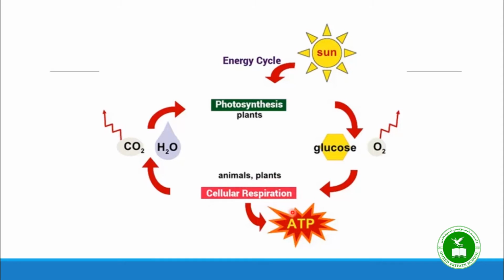ATP is the universal unit of energy for living organisms. ATP is produced, carbon dioxide is released to the air, and H2O molecules are produced. This H2O and carbon dioxide are reused by photosynthesis for further photosynthetic reactions, in order to make more glucose and oxygen. This is an energy cycle for the relation of photosynthesis and cellular respiration.